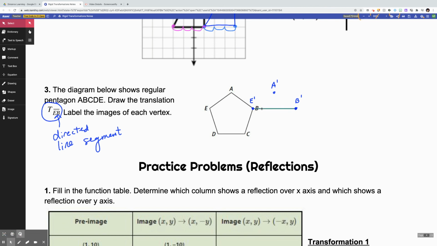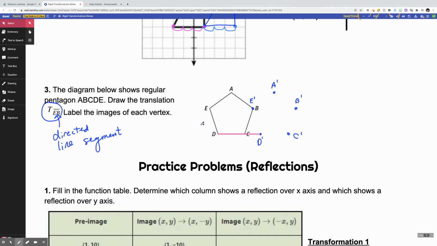Point C originally was here, and now it's going to be at the end of this directed line segment. So that's C prime, and then my last one is point D. Originally was there, and now it's right here at the end of this directed line segment. So that's D prime.